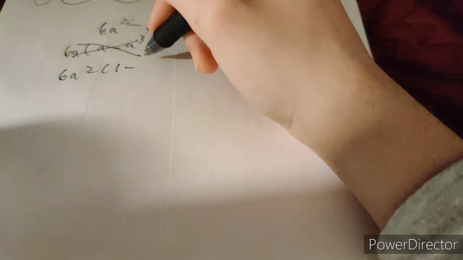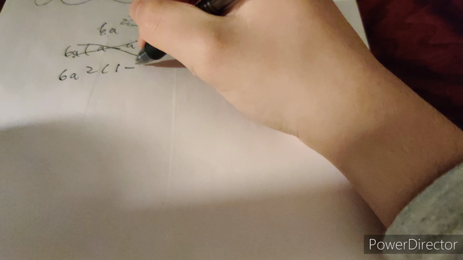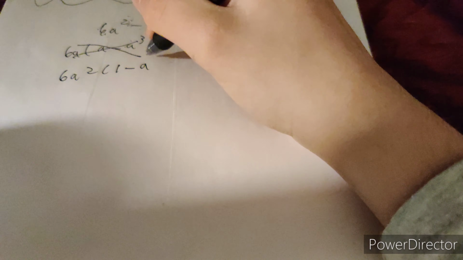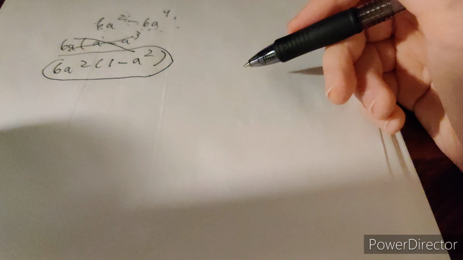And then a to the 4th minus a squared, a to the 4th divided by a squared is equal to a to the 4 minus 2, which is a to the 2nd, which gives you that. So basically, 6a squared minus 6a to the 4th is equal to 6a squared times 1 minus a squared.